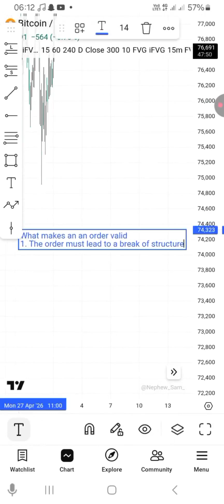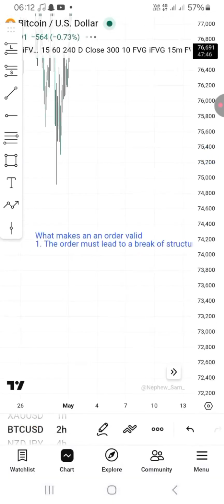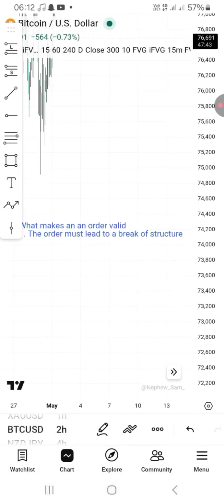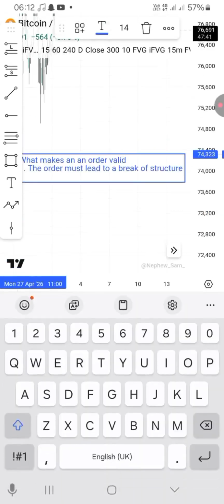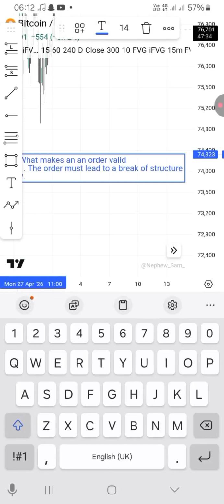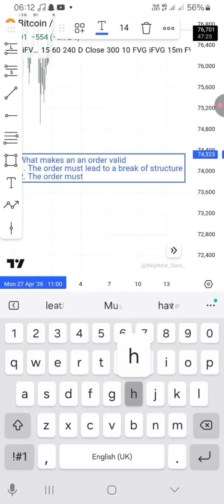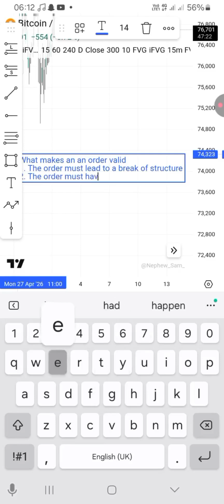Then number two, the order block must have a fair value gap. This is called a fair value gap.